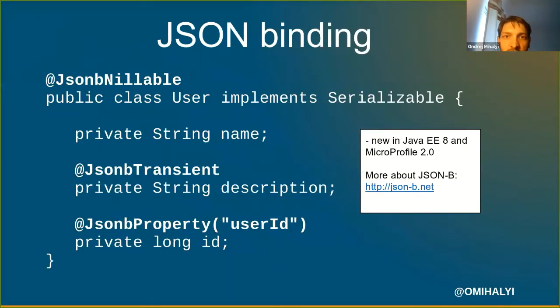JSON binding is another nice API, which is also present in both Java EE and MicroProfile, and it allows abstracting serialization of Java objects to JSON. So this is again useful when you want to split a monolith into microservices. You take an object that is used as a parameter to method calls or a return value from method calls.